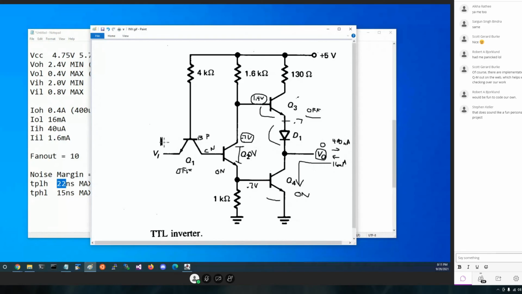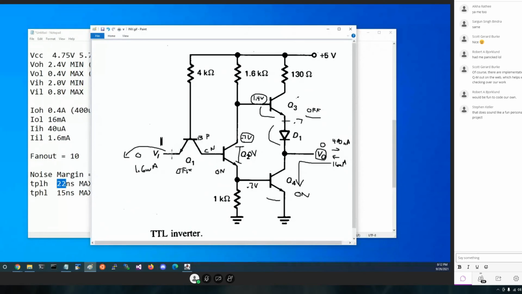When this is a 0, this has to come out of the input. And it can come out as much as 1.6 milliamps. Because 10 of them could go into a chip somewhere that has to absorb 16 milliamps.